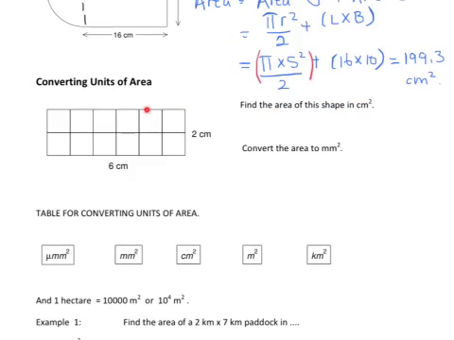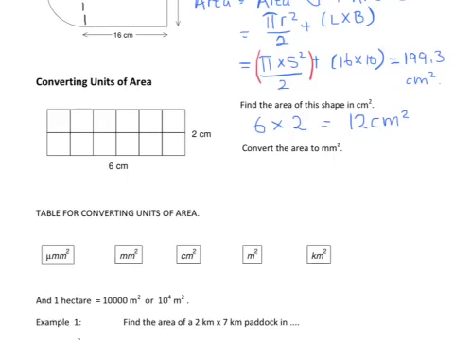Now I have a rectangular shape here. It's 6 by 2 centimetres, and I'm asked to calculate its area. So it's length times breadth, which is 6 times 2, and the answer is 12 centimetres squared. Now what if I wanted to convert this area to millimetres squared? It's in centimetres squared at the moment.